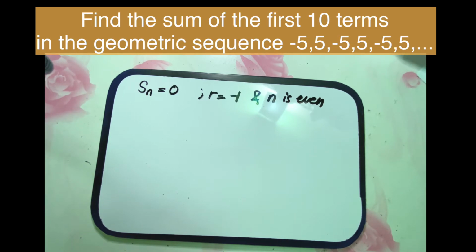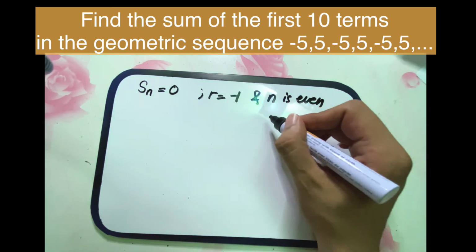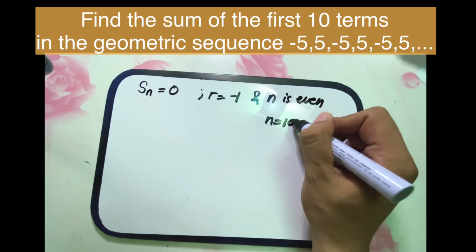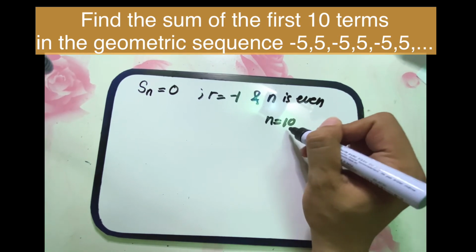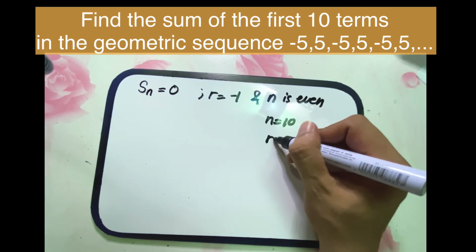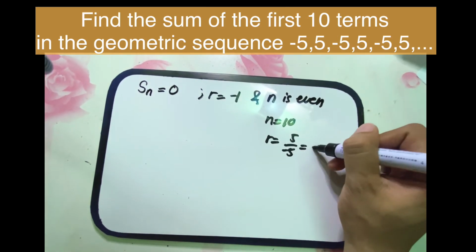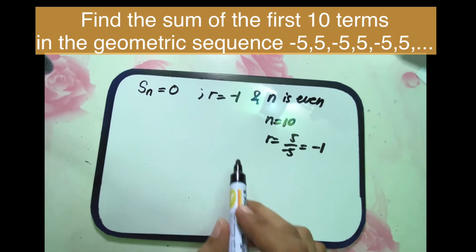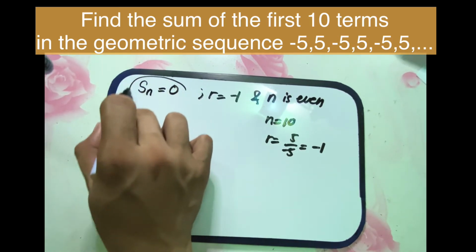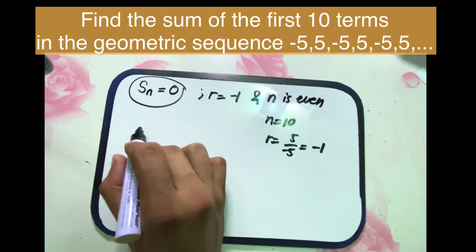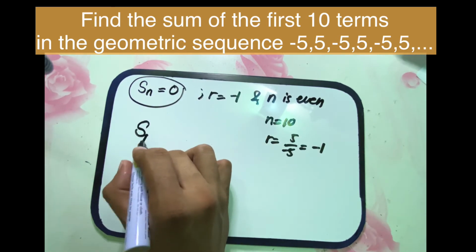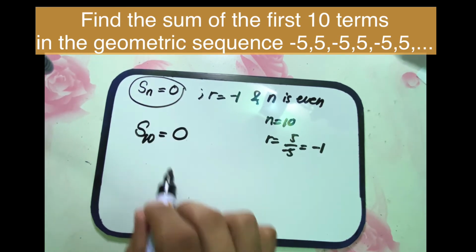If you notice, n here is 10, and 10 is even. To get the ratio, 5 over negative 5 is negative 1. So automatically we can use this formula. So S sub 10 is equal to 0.